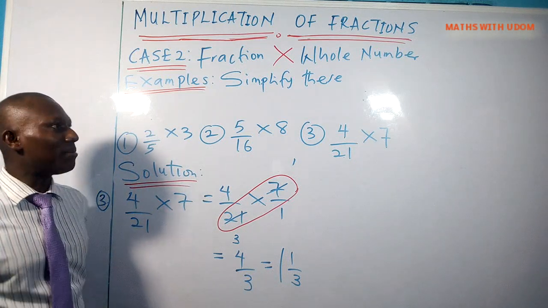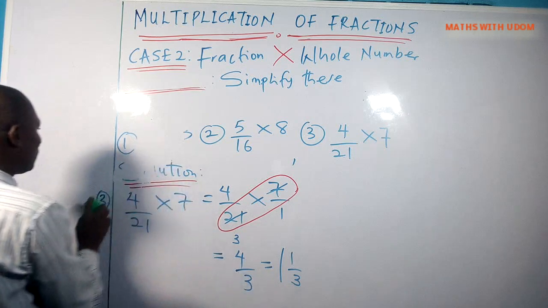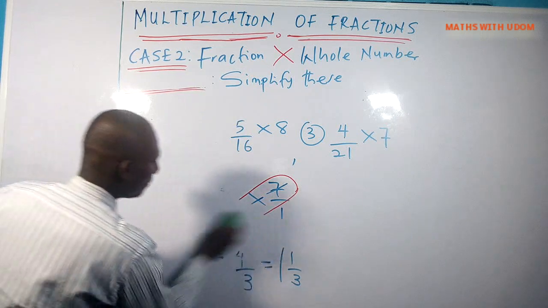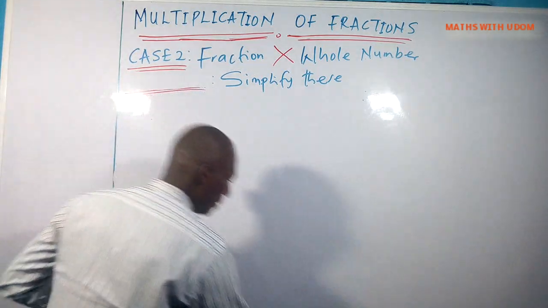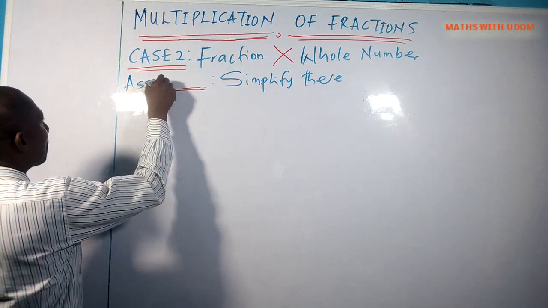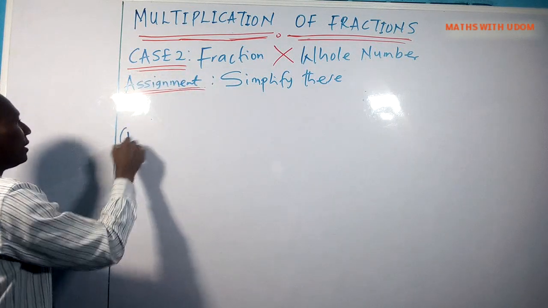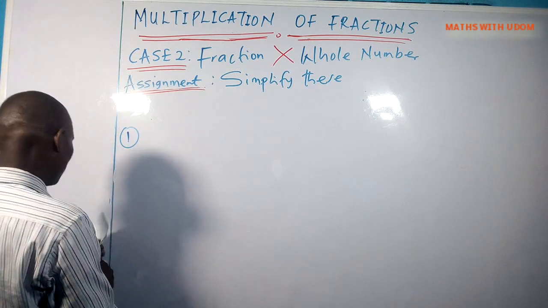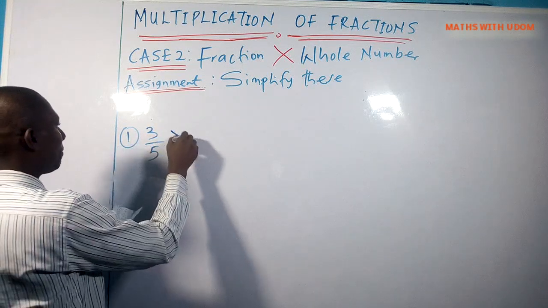So let's have our assignments. Simplify the following. Number 1: 3 over 5 multiplied by 20.